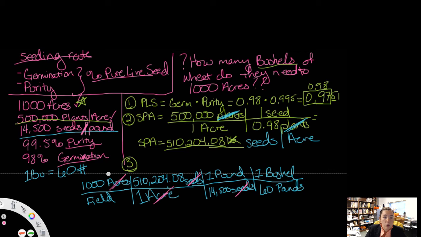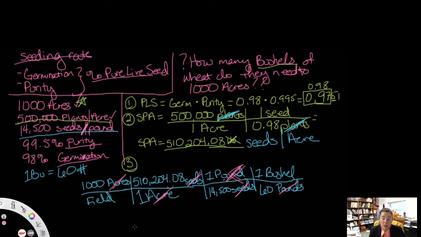So what we're going to be left with is, okay, figure out how to undo what I just did. Okay, so we're going to be left with bushels per field. So if I go through all of that math, remember we're multiplying everything at the top, so it's going to be 1,000 times 510,204.08 times 1 times 1.